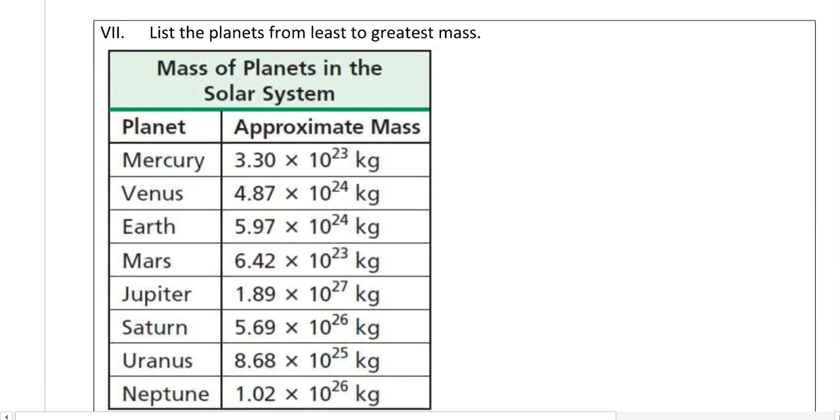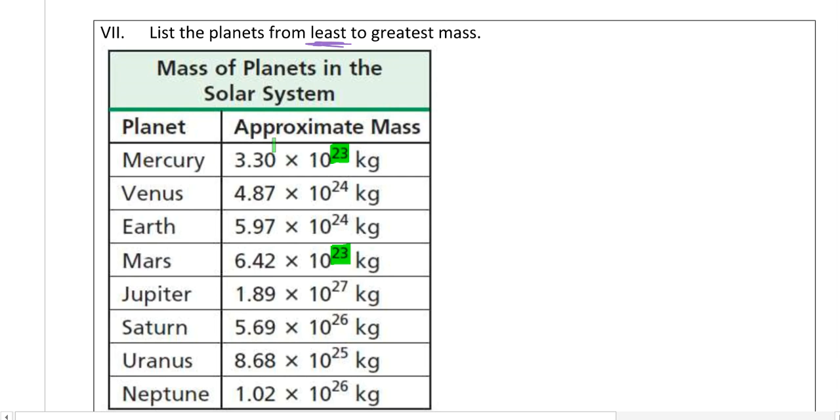In question 7, it says to list the planets from least to greatest. So we're going to first start by looking at the exponents and trying to find the smallest exponent. If I look at all of my values here, I see that 23 is going to be the smallest exponent that I have, and I have 2 that are in that category, with an exponent of 23.